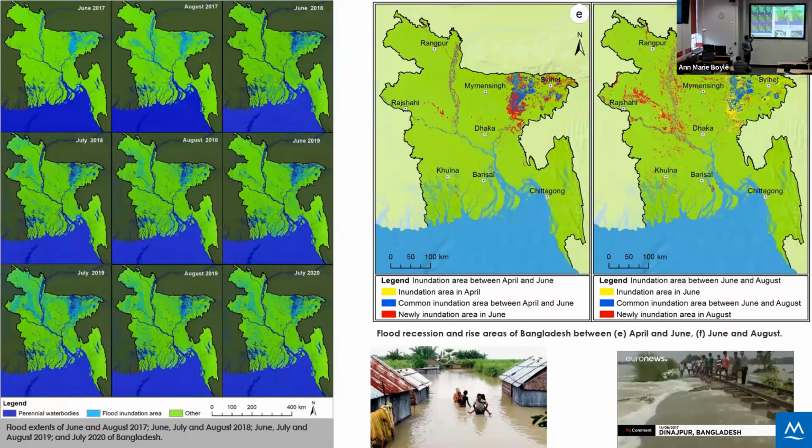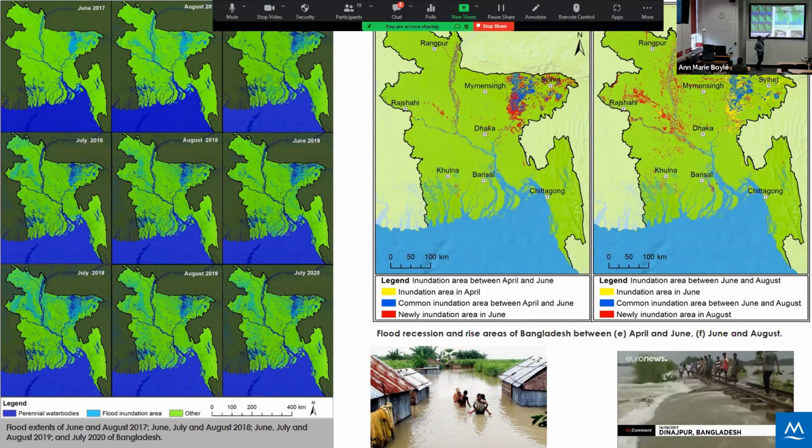After that, I'm coming a little bit closer to Bangladesh, because for any risk analysis, flood-prone area or flood shelter area, we may need to know multiple months and multiple years. So once we had such an algorithm ready, we mapped many years of floods. If you see just April to June, you can identify the newly inundated area.